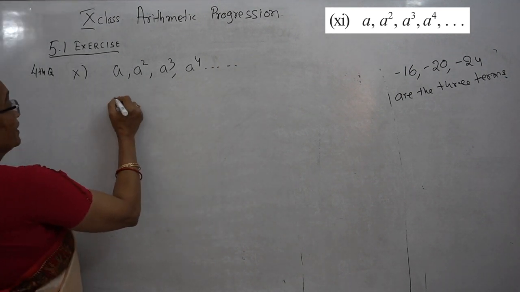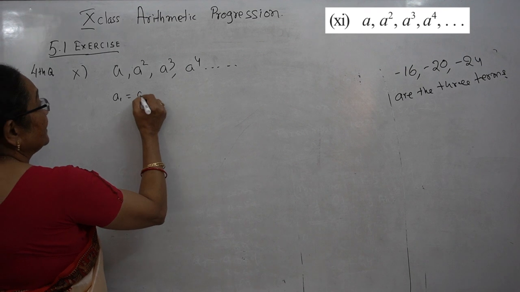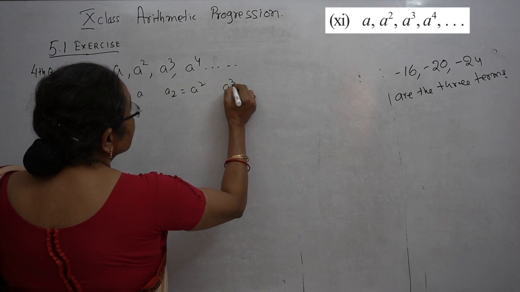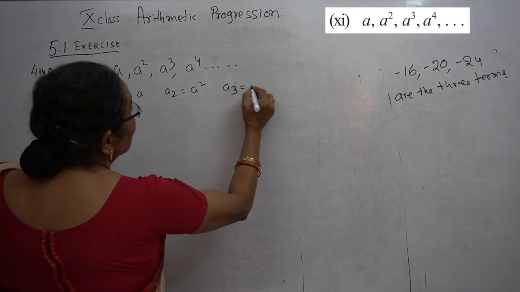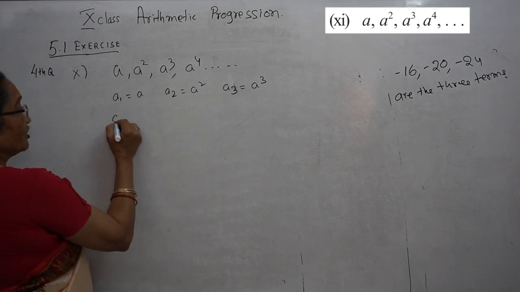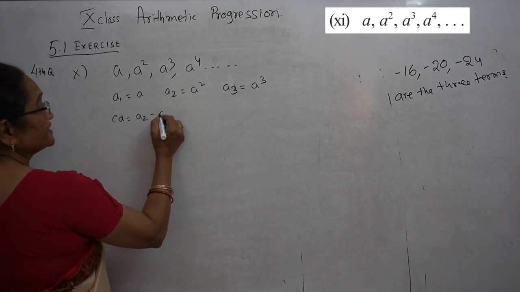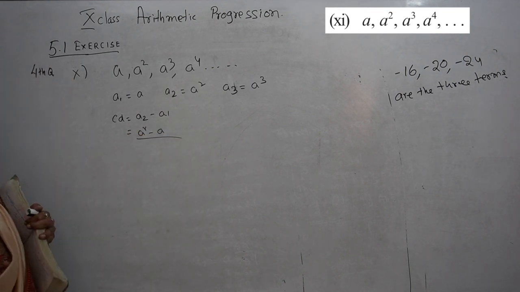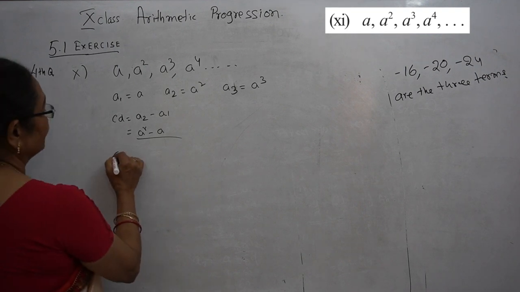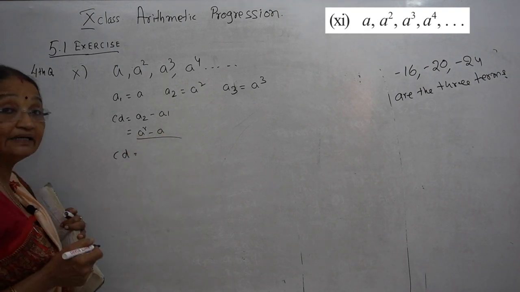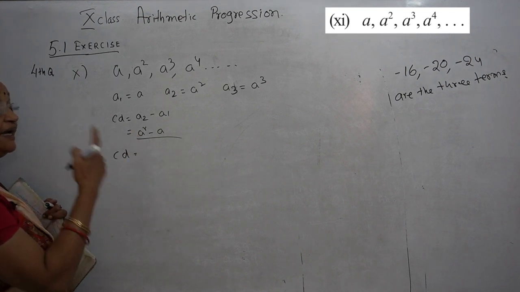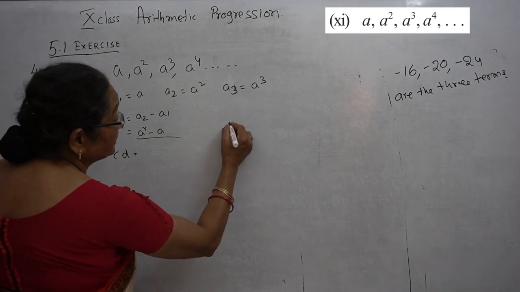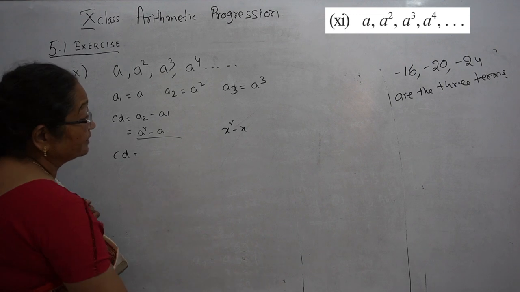So now you see. A1 is a, A2 is a square and A3 is a cube. So let's do the same, the common difference. A2 minus A1. A2 is a square minus a. Okay? We cannot subtract here, because these are a square and a, the powers are different. It is the same as x square minus x, it cannot be done, they are not the same terms.